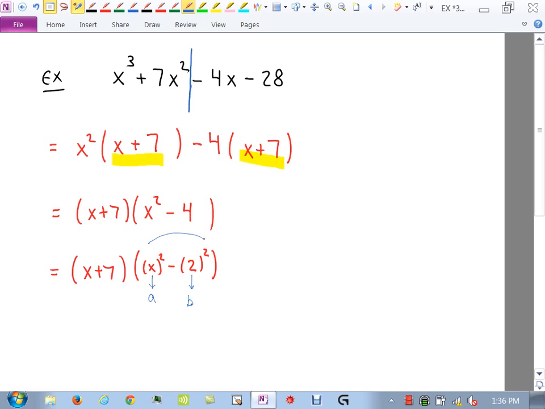So I know that this thing in here is going to turn into two sets of parentheses, right? A plus B, A minus B. But sitting in front of it is still what? X plus 7. So I have x plus 7, and now here comes my two sets of parentheses from difference of squares. X plus 2, x minus 2. Now you are done. This is two terms. There's a minus. Why is this not difference of squares? X minus 2. Well, x isn't being squared, right? So we're done.